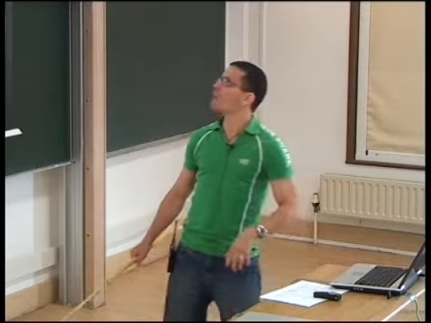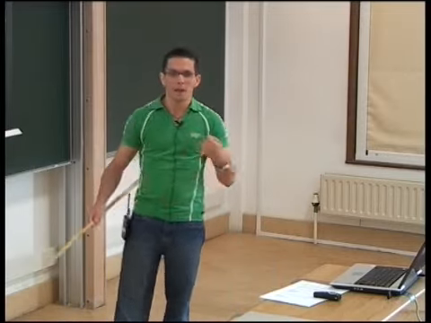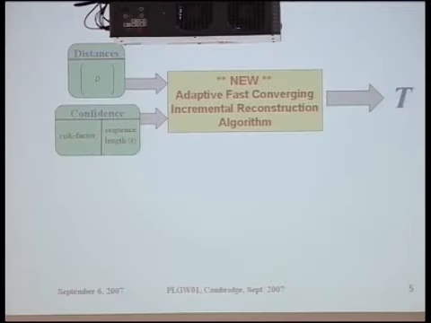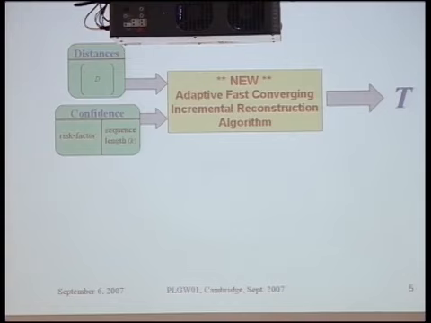And I'll skip all of our work in trying to devise such an algorithm and just show you only the final stage. So this is our algorithm, which is adaptive fast converging, and it's a distance-based algorithm, like most fast converging algorithms, but it also receives some more things into its input, which allows it to be adaptive fast converging.